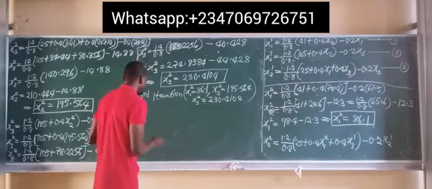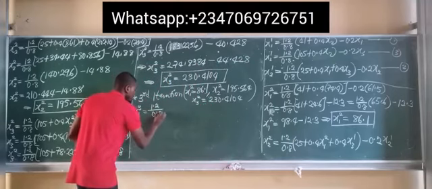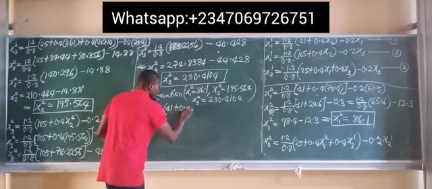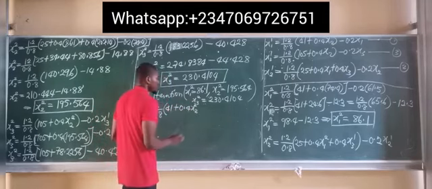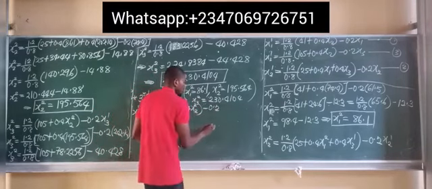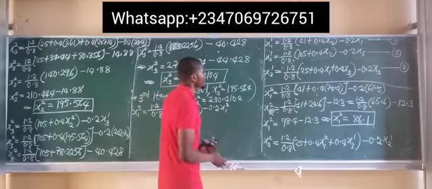So we have 1.2 all over 0.8 into 41 plus 0.4 times x2 of 2, minus 0.2 times x1 of 2. It's as simple as this.